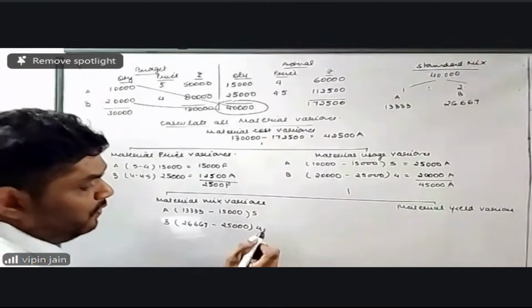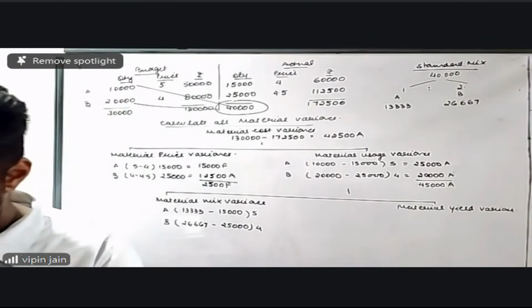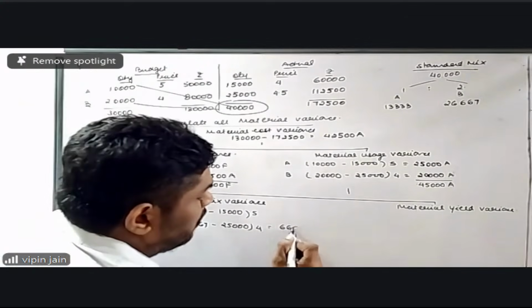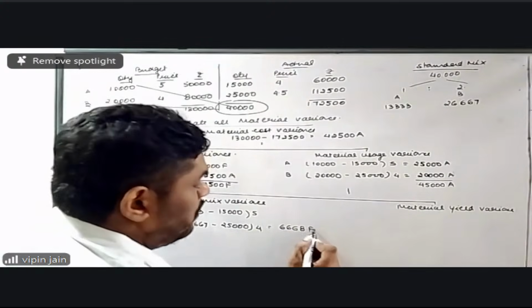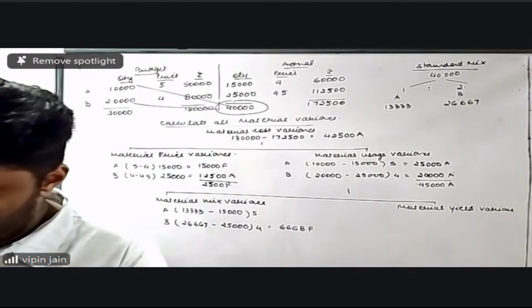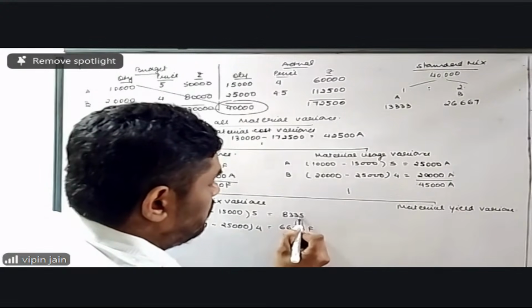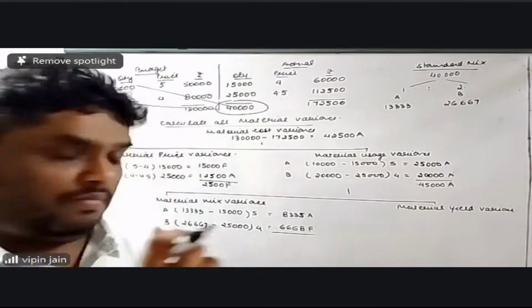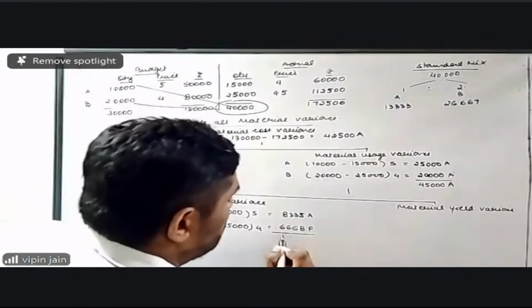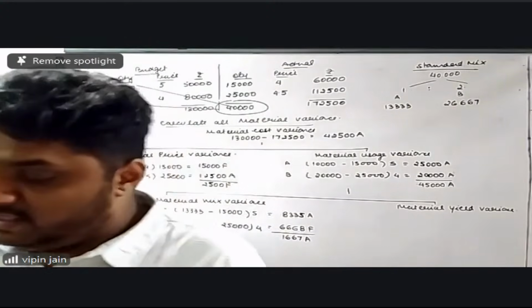Into the price is 5 and 4. This is my material mix variance.